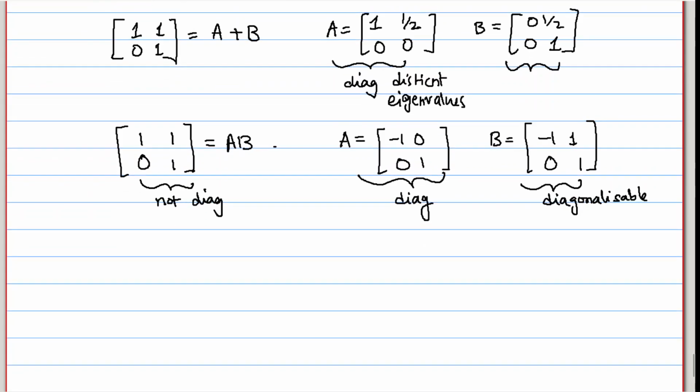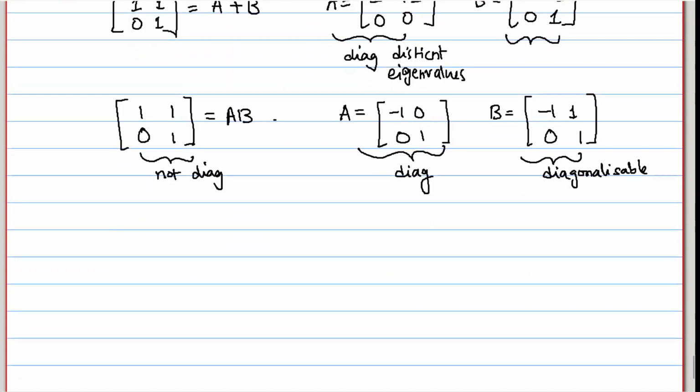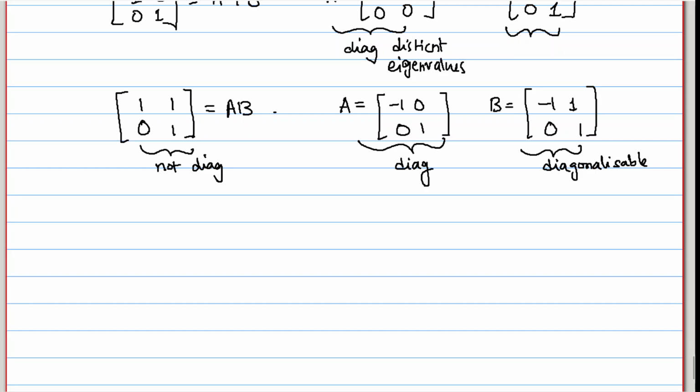From this example, we can also conclude that invertible need not imply diagonalizable. So the question is, if A is invertible, then A is diagonalizable. Is this true or false?